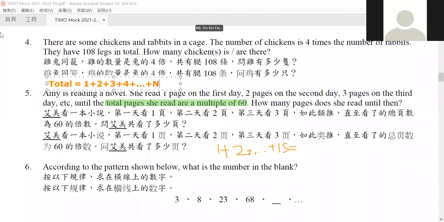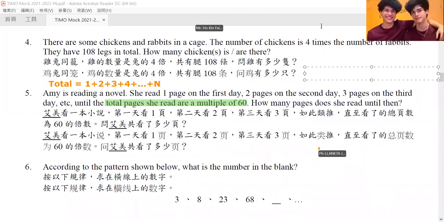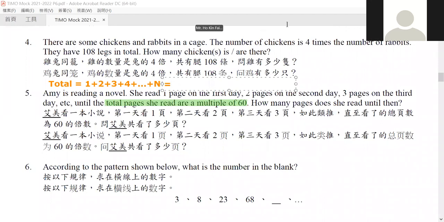We don't know this number, but we do know that the total is a multiple of 60. According to the Gauss theorem, it will be equal to n times n plus 1 divided by 2. This is the Gauss summation.